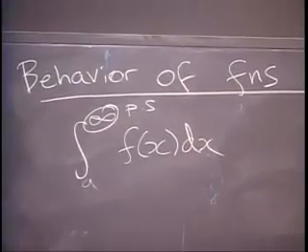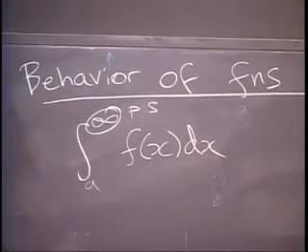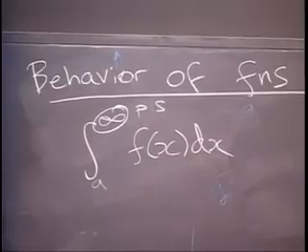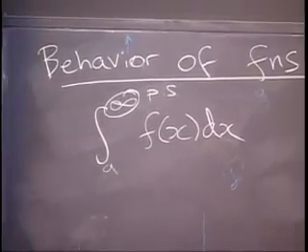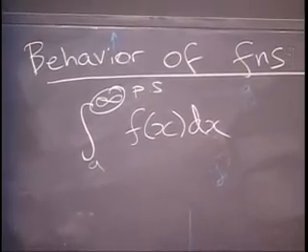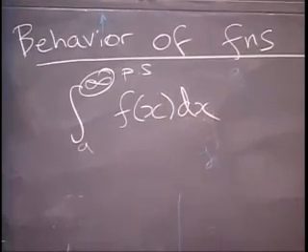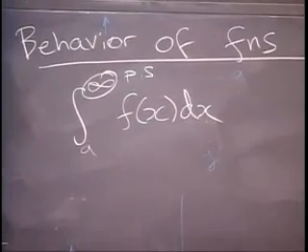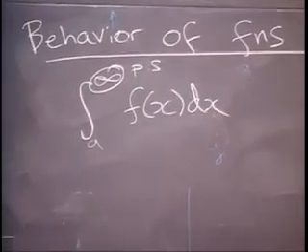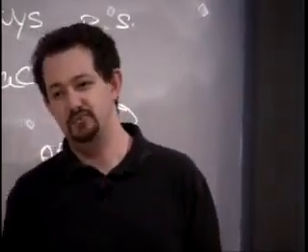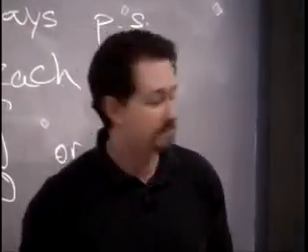But actually, if you can do 0, you can do any other finite number as well. Okay, so here's the program. Polynomials, trig functions, exponentials, logarithms. Those are our favorite 4 types of functions. I want to spend a little bit of time reminding you what we know about them and seeing how to solve these problems. Okay? So we're getting pretty practical here.